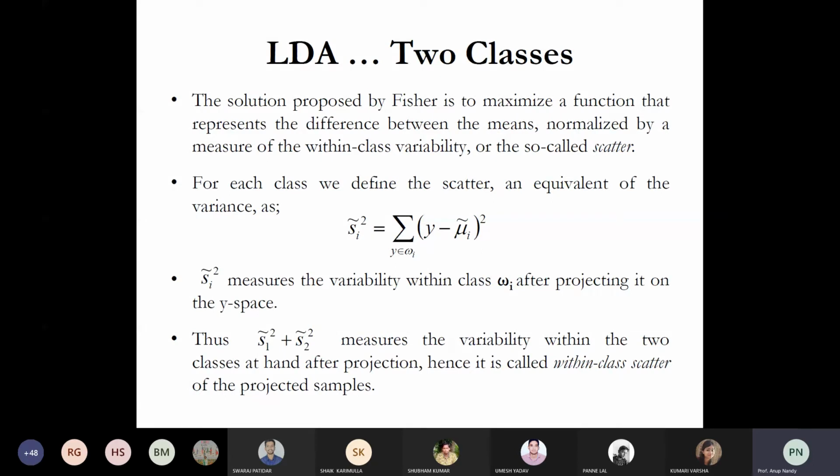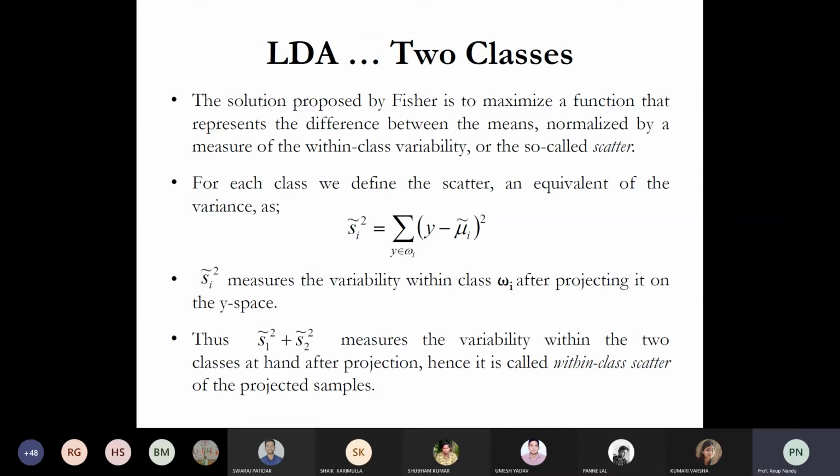So y is a new space. s1 square is for the first class, s2 square for the second class. These are called the scatter or variance. This measures the variability within the classes. So how do you capture the within class variance?